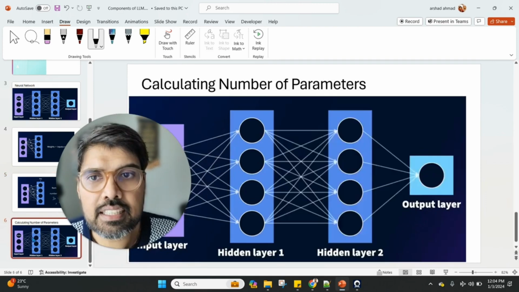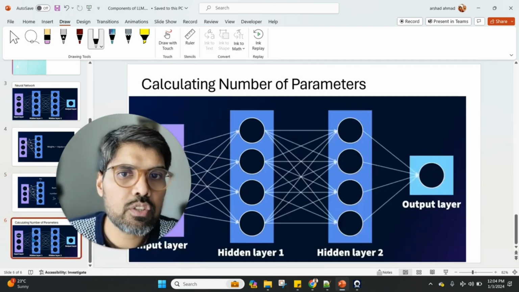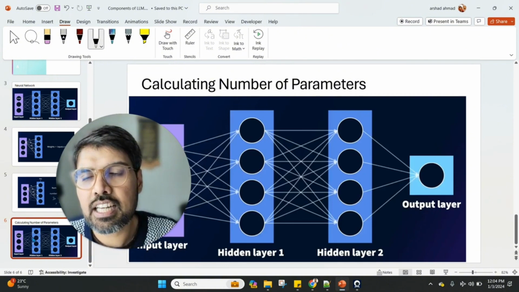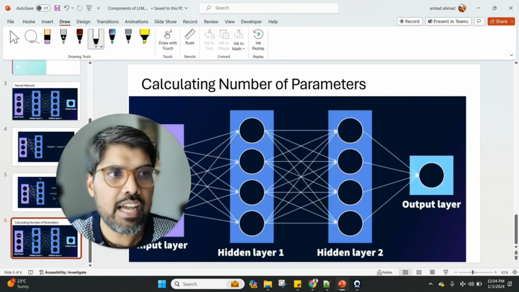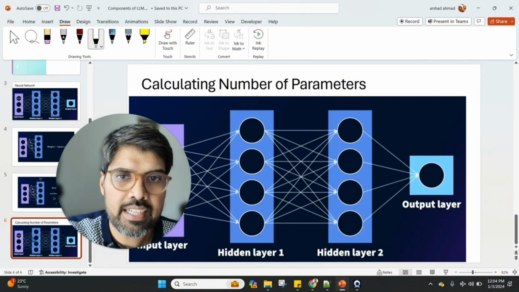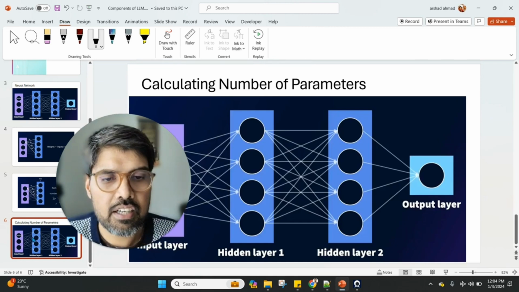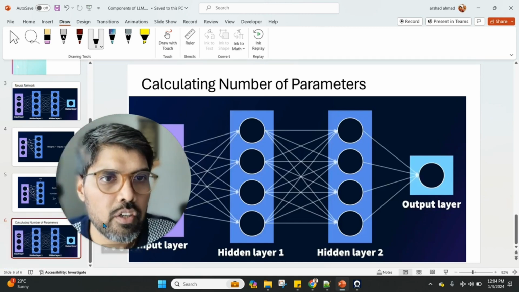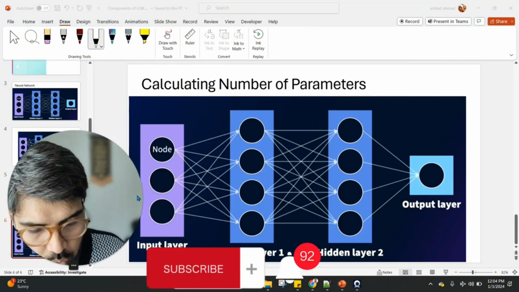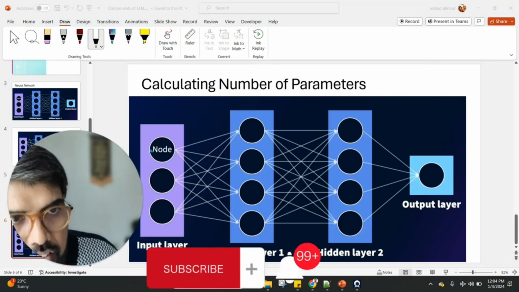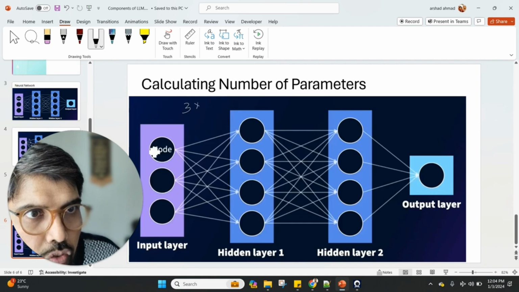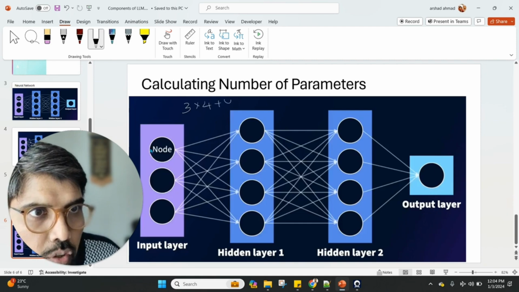We apply the exact same logic to the next part of the network, which is the middle section, and we have 4 nodes on the left and 4 on the right, and this means we are going to do the calculation for that as well. So in the first case, it is 3 into 4 plus 4, and this is going to be 16.